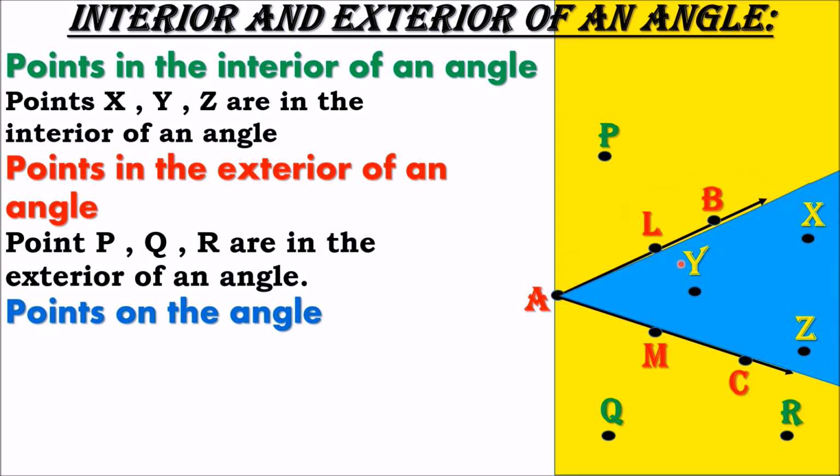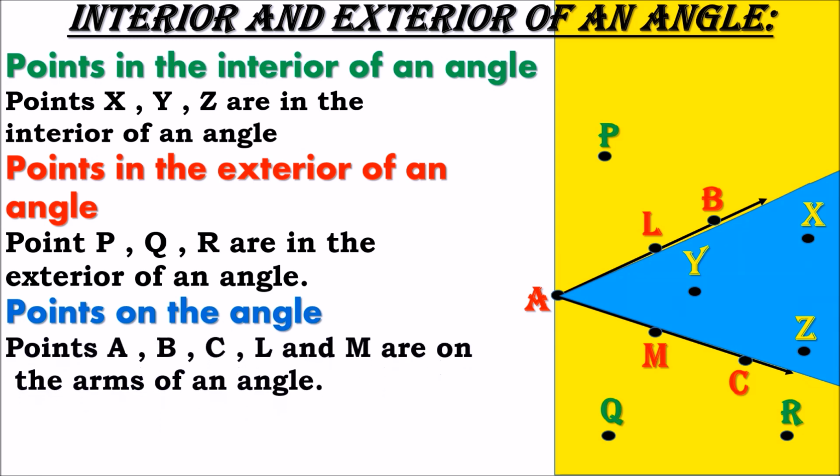So point L, point M, point A, point B and point C are on the sides of an angle, or you can say they are on the angle. So points A, B, C, L and M are on the arms of an angle. Thank you.